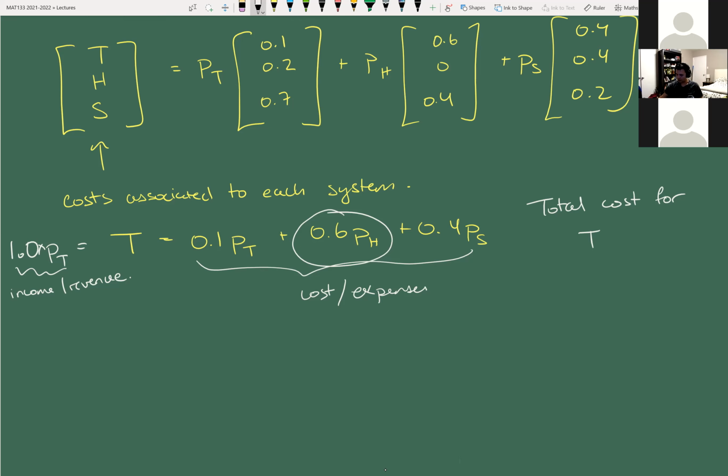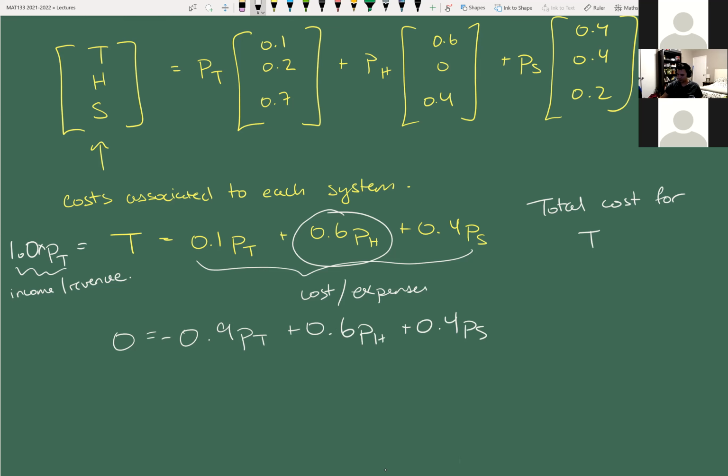Okay, and so you can see that this will give me 0 equals 0.9 PT plus negative 0.9 PT plus 0.6 pH plus 0.4 PS.